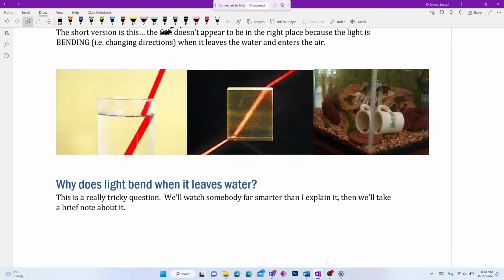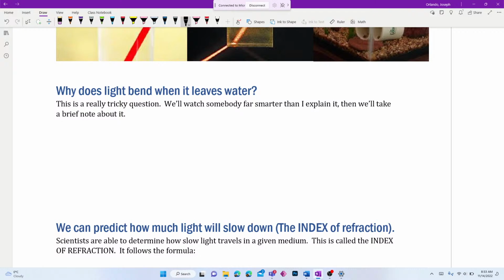Again, I'll show a video tomorrow that I think does a really nice job taking the actual physics and making it digestible. But all we'll say right now, with a 0 degree impact, it slows down but stays straight.